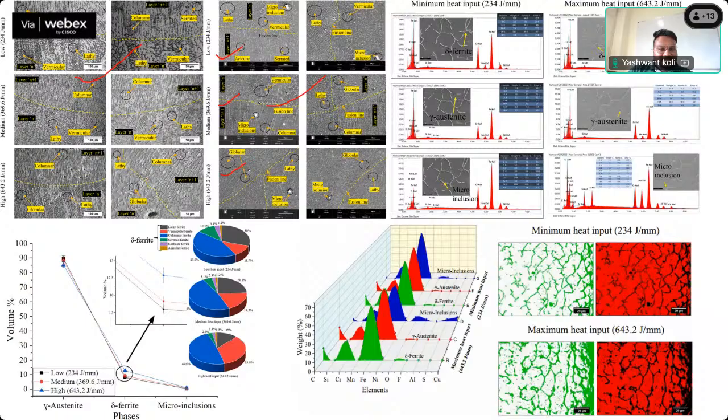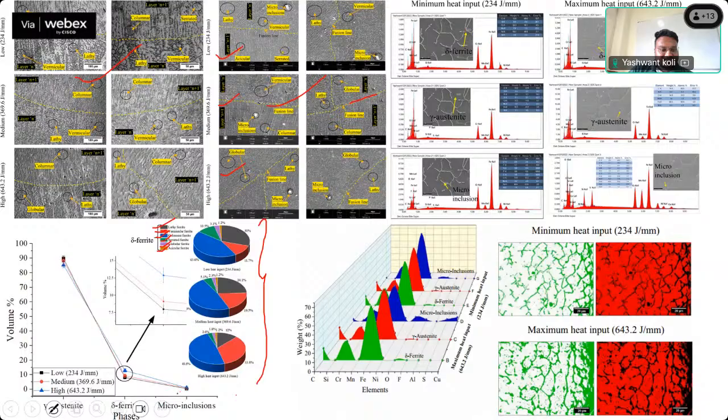So these are the typical optical micrographs at different process parameters, different heat inputs and different locations also. We have found six kinds of delta ferrite morphologies: lathy ferrite, vermicular ferrite, columnar ferrite, serrated ferrite, globular, and acicular. These six ferrite morphologies I have discussed in this paper, how they are influencing the microstructures and what the shapes of the micro morphologies are.